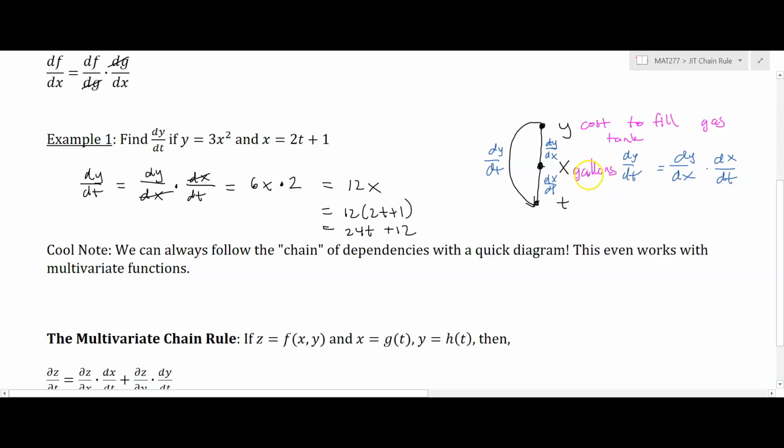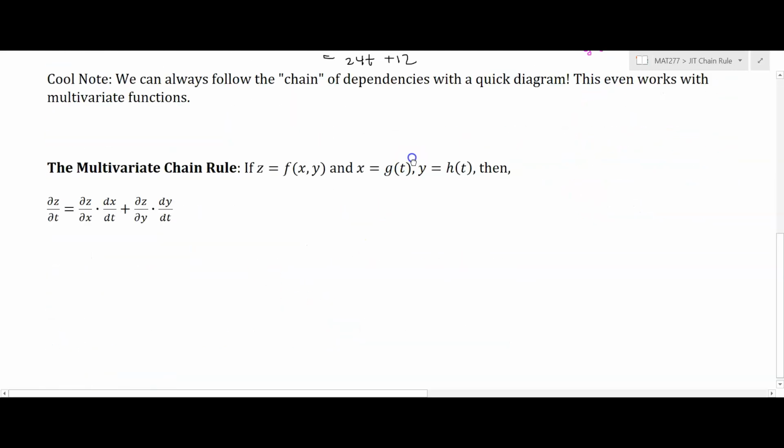Well, how many gallons you get is going to depend on something else, like maybe your car type, the size of your gas tank. So the size of your gas tank will determine how many gallons you get, and how many gallons you get determines how much cost you'll pay. So you can see that there are oftentimes dependencies among multiple variables.